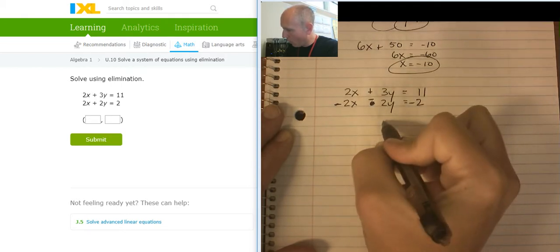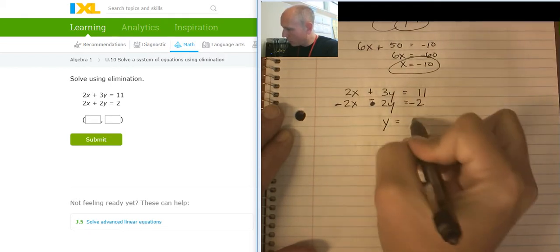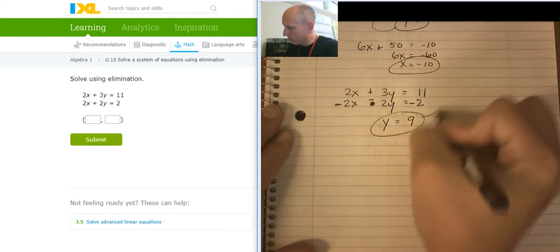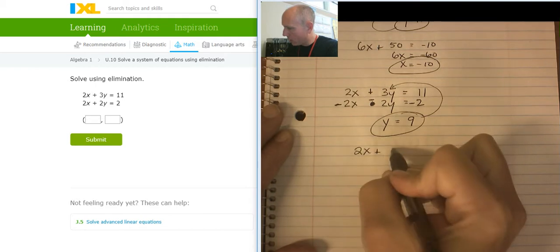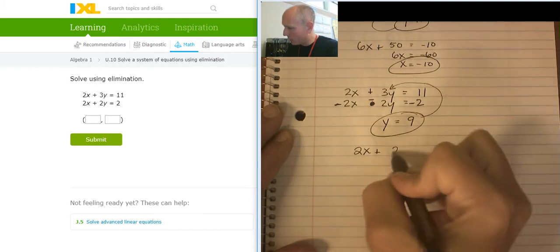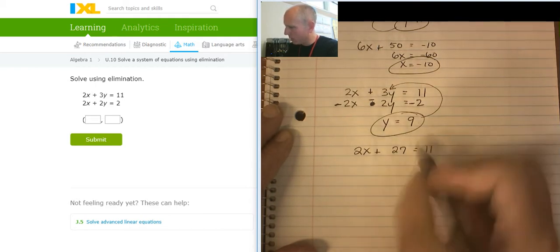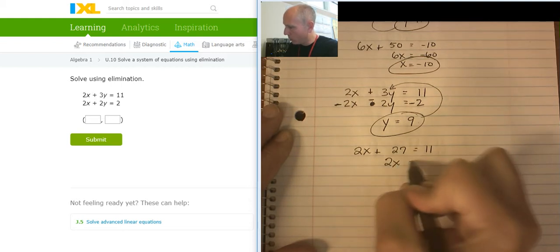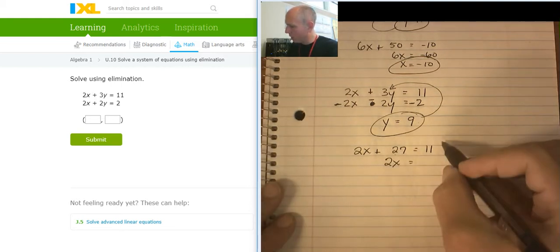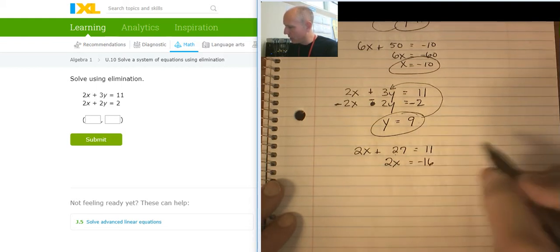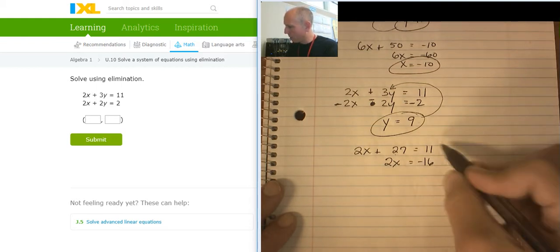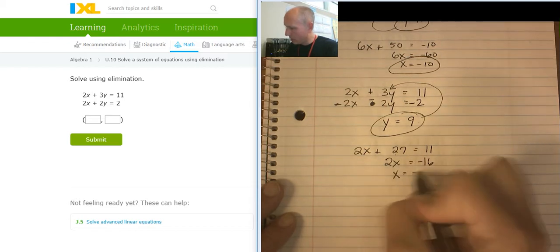That's going to give me y equals 9. 2x plus 3y, 3 times 9 is 27, equals 11. 2x equals, subtracting 27 from both sides takes me to negative 16. Yep, so x equals negative 8.